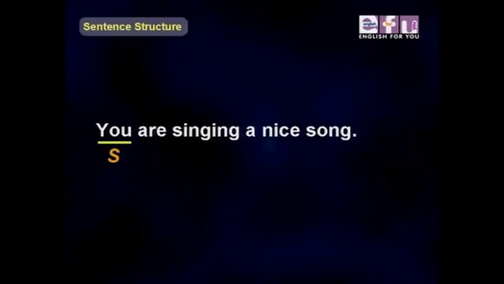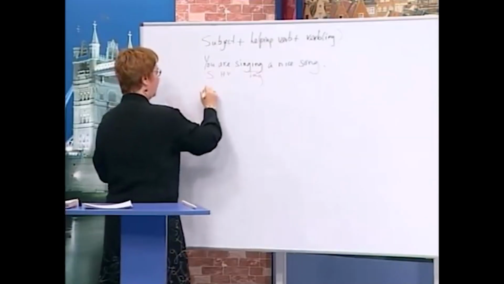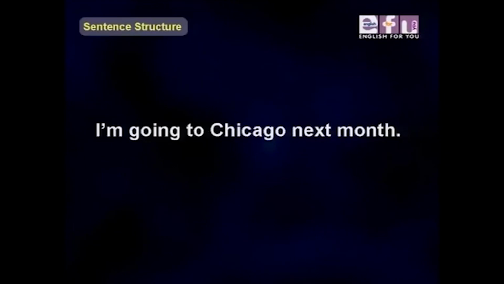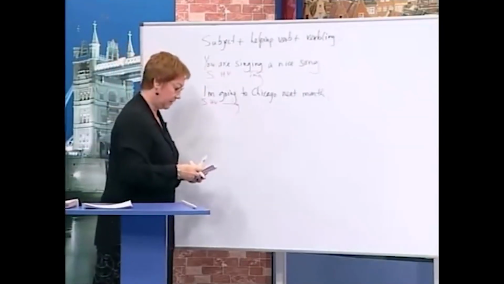So you've got subject, helping verb, and the ing verb. Okay, this is a statement. Another example, I'm going to Chicago next month. Subject, helping verb, and the ing verb. Okay, now these are statements.